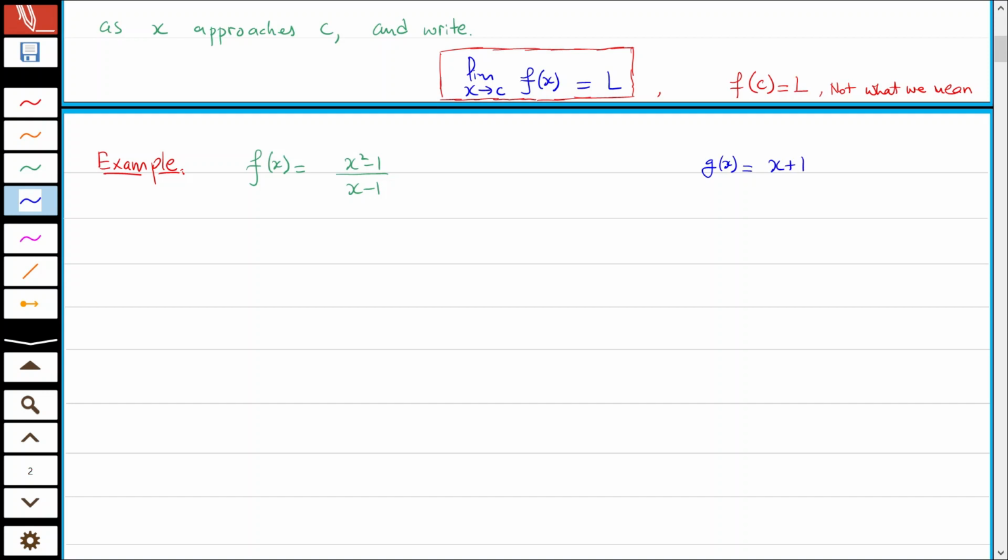Now, in my first function, you can see that I cannot take x equals 1 because I have a 0 in the denominator then, and I have a 0 in the numerator then. I must write x is not equal to 1 in my original function f of x. But g of x is defined for any real number. No restriction on that.